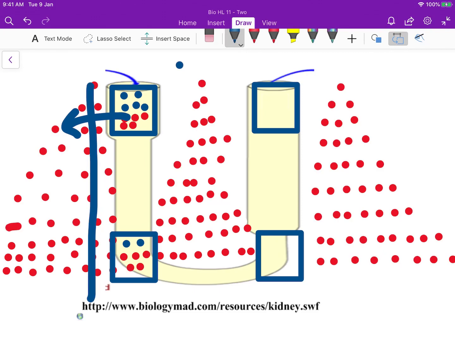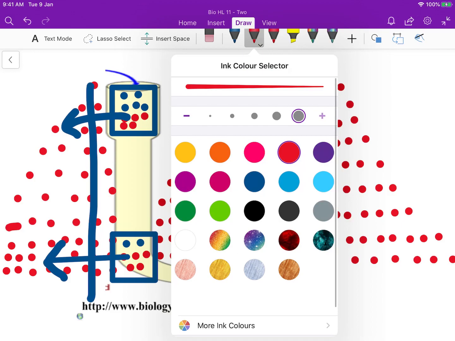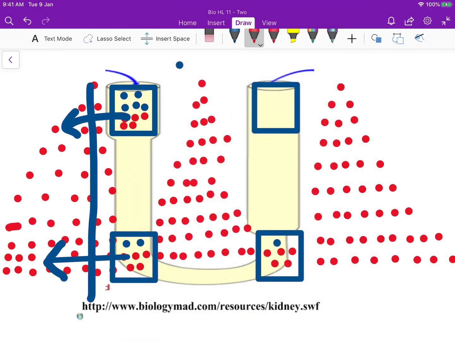So all the way down, we've got more and more absorption of water, giving us a very salty solution. Whereas when we turn the corner, so let's remove even more, we've got our 5 salt, but then we get pumping of the salt out and into the medulla.